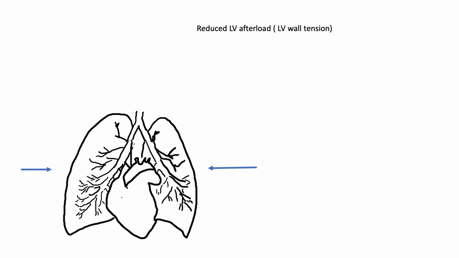It's helping to push the left ventricle. It's giving it support against its own wall tension. Because of the increased pressure in the interpleural and intrathoracic space, that increased pressure actually helps push that heart. It's giving it help. So it's working against its left ventricular wall tension, therefore reducing its afterload.